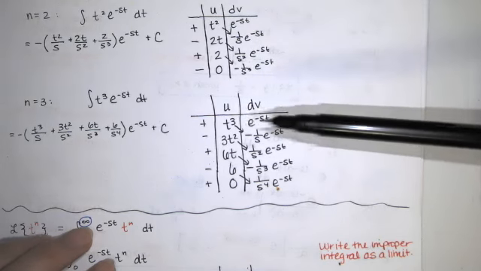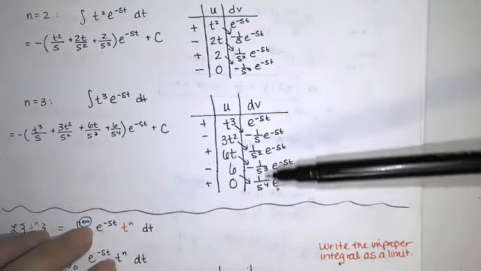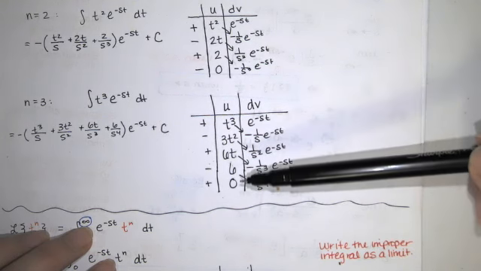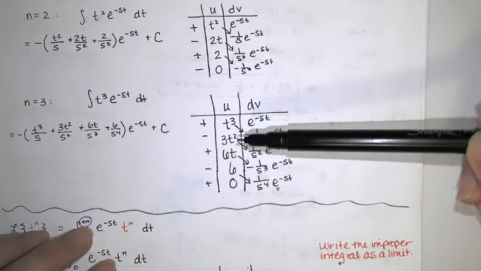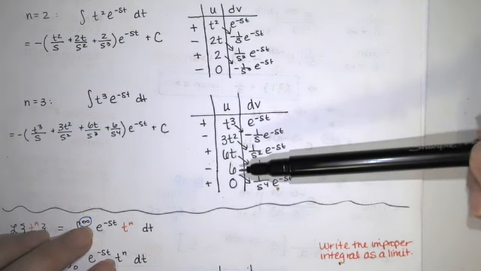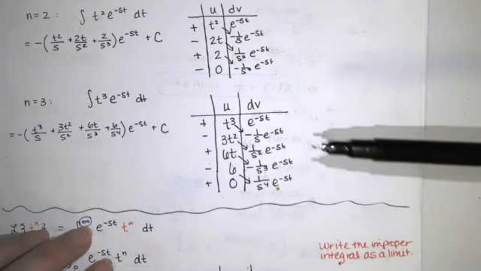Let's make sure that that works over here. When n is equal to 3, did I have to multiply by negative 1 over s 4 times? Yes, that's exactly what I did. Because in order to get from t cubed down to 0 when I'm differentiating, I have to take the derivative 4 times. Take the derivative once and twice, and 3 times gets us down to a constant, and then we take the derivative 1 more time to get to 0.